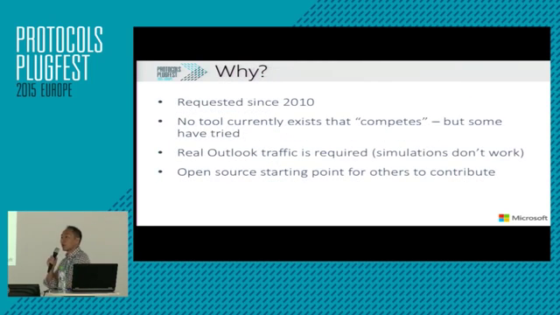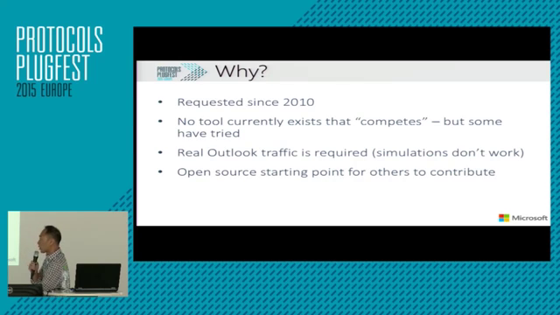So why are we doing that? So basically, we've heard a lot of requests about doing real life traffic, right? I mean, we have the protocol test suite today that allows us to simulate the traffic on the wire at the protocol documentation level, right? But a lot of customers are actually interested in actual traffic and being able to automate and simulate certain types of operation, right?